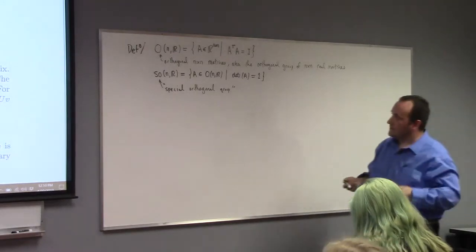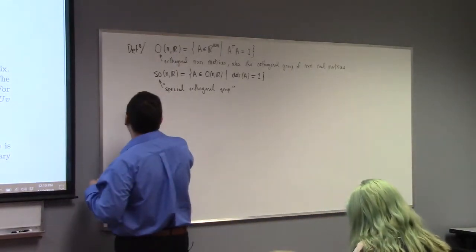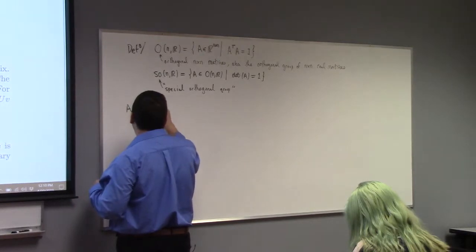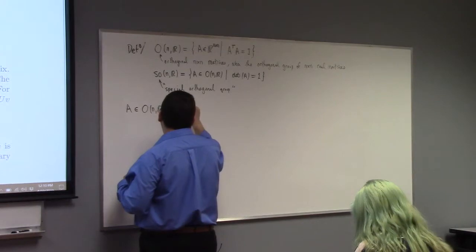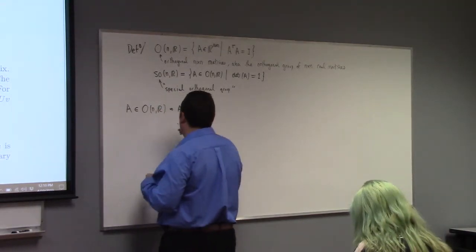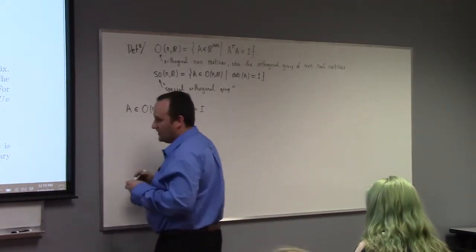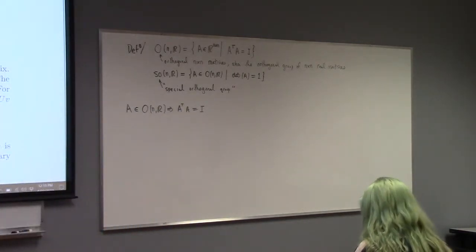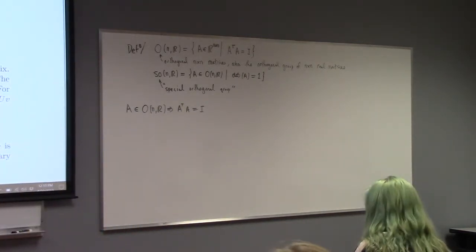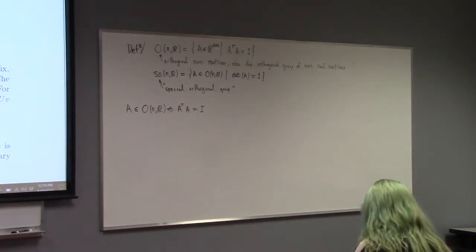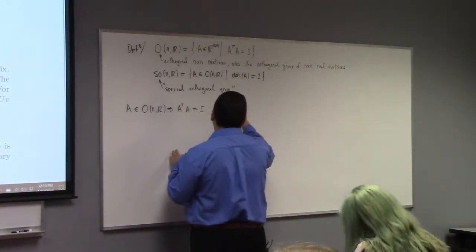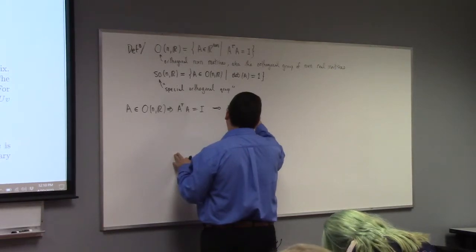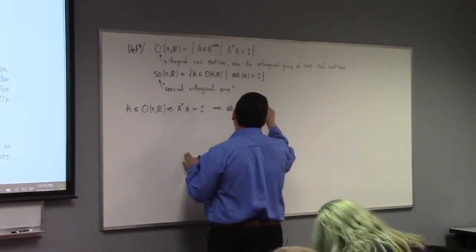Let's look at that. What happens if we let A be in O(n)? What do you got? A transpose A is equal to the identity. So what happens if we take the determinant of that equation? What does that give us? So the determinant of the product is a product of the determinants, right?